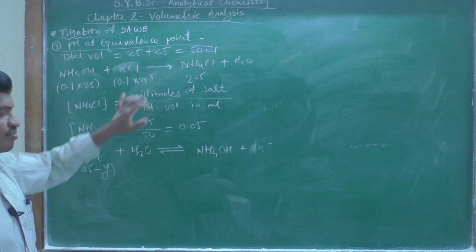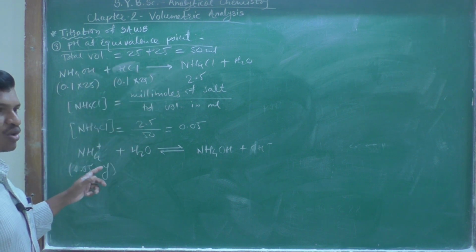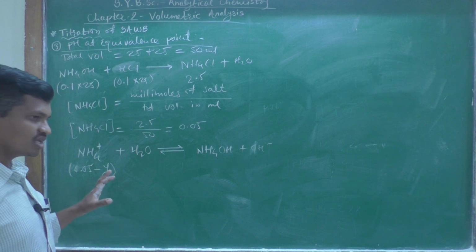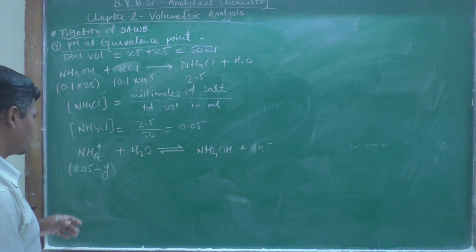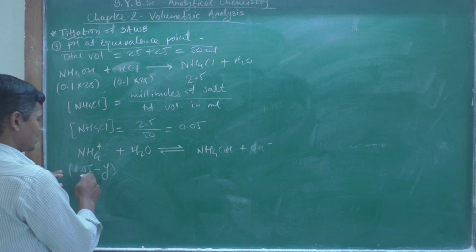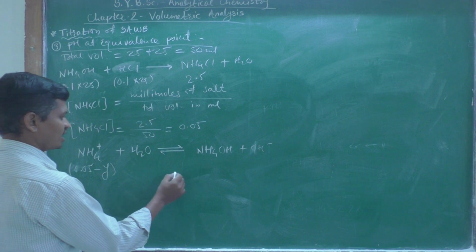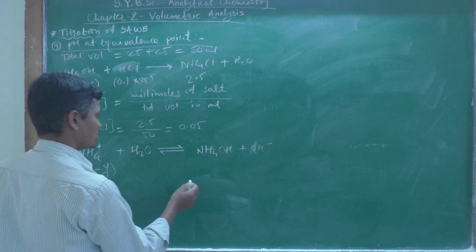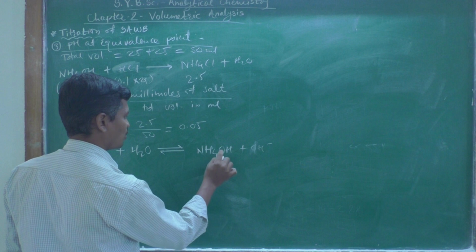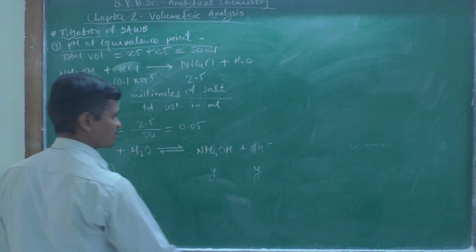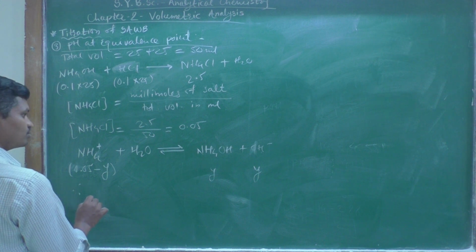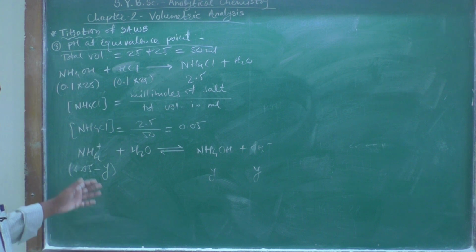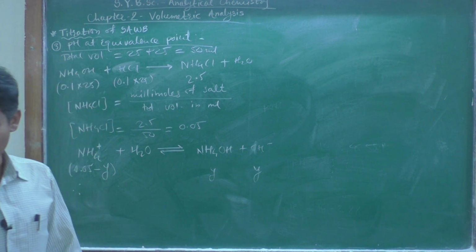Out of this concentration, y amount of this salt will undergo hydrolysis. Only a fraction of this will undergo hydrolysis. So it will form y of ammonium hydroxide and y of OH minus ion at equilibrium. These are the concentrations at the equilibrium stage.